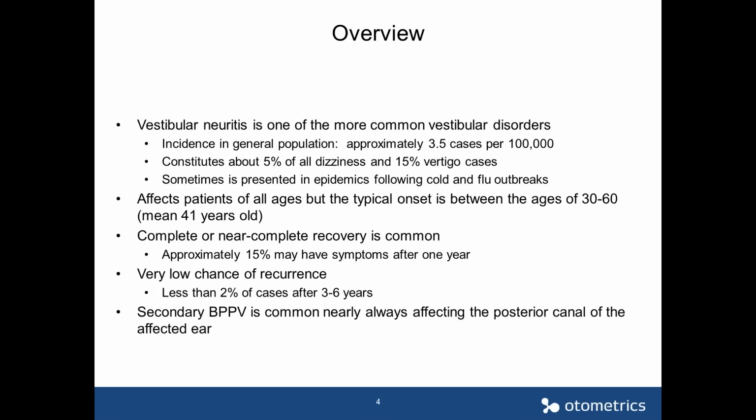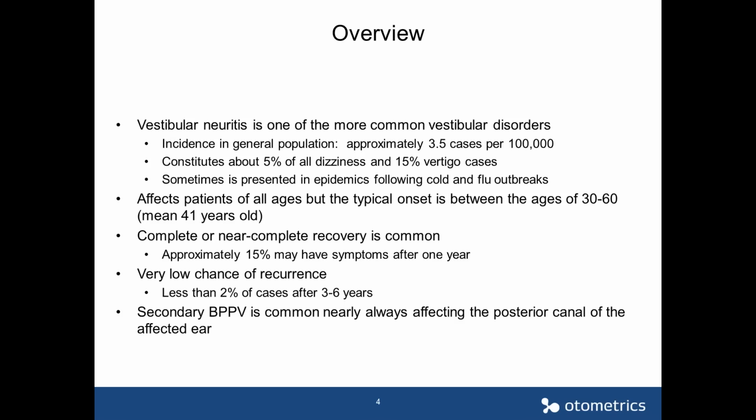One thing that distinguishes vestibular neuritis from Meniere's disease is the very low recurrence rate. In the studies that have been done, out of 100 cases, only 2 cases had recurrence, and 1 was on the same side as the previous neuritis, and the other one was on the opposite side.